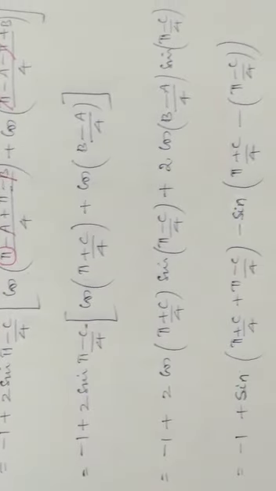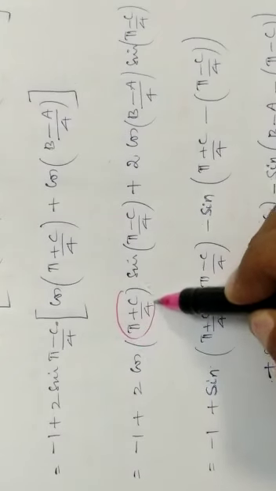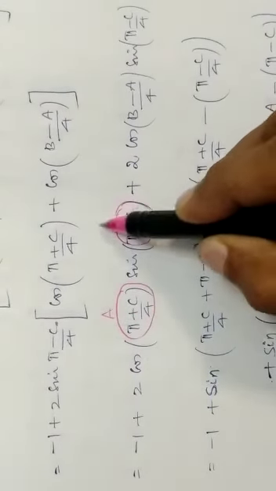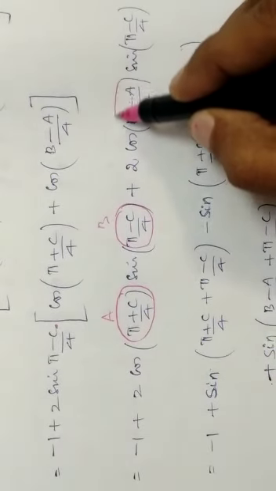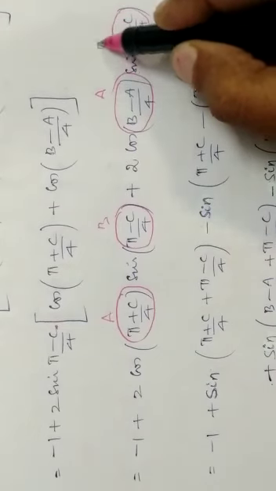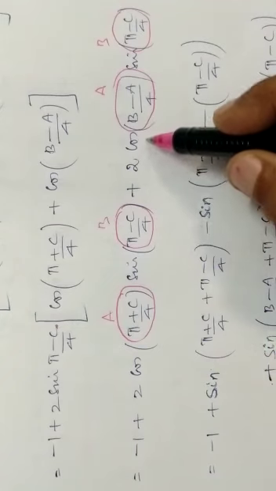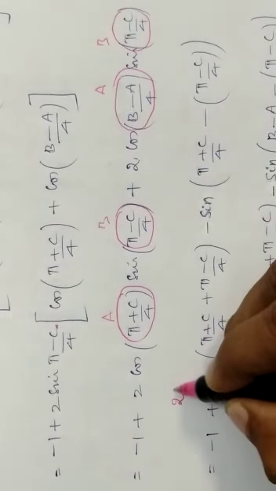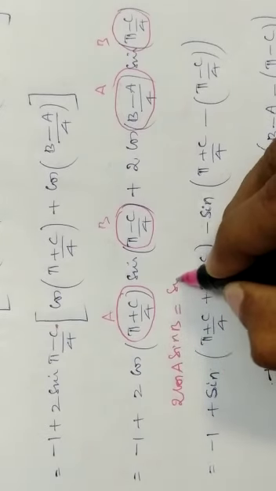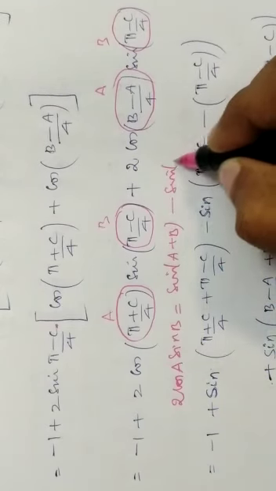If you observe, you can see this as A and this as B. The same here, take this as A, this as B. What do you observe? 2 cos A sin B. Here also 2 cos A sin B. What is the 2 cos A sin B formula? sin(A+B) minus sin(A−B).